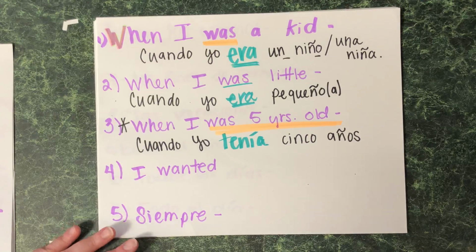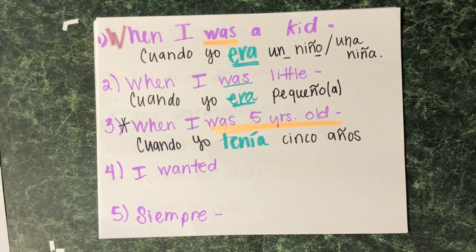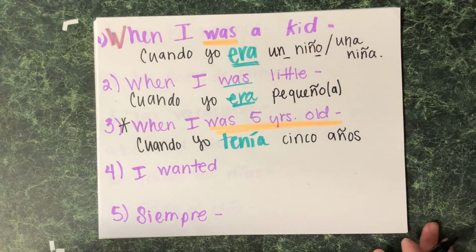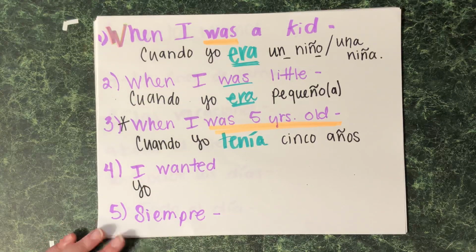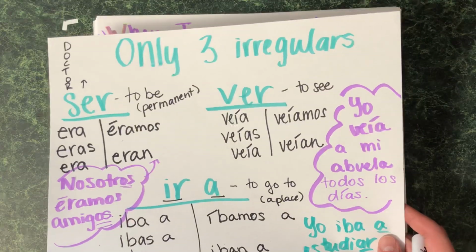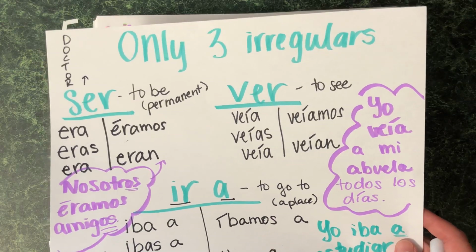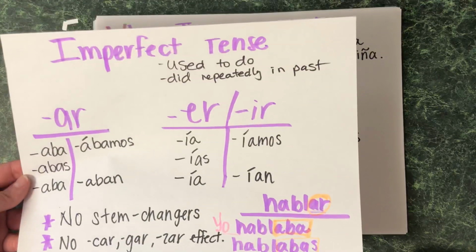Now, next one, the word wanted. What's the verb to want? This is from the previous lesson. I sent y'all a Quizlet with a bunch of irregular verbs, and to want was one of them. Anyone remembers? Starts with a Q. Exactly, querer. All right, so to say I wanted, yo, and querer is not part of these three irregulars in the imperfect tense. We are going to only take the ER off from querer, and we're going to use the new sets of endings.